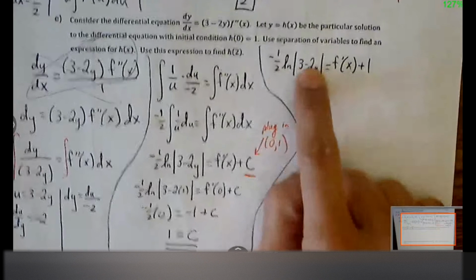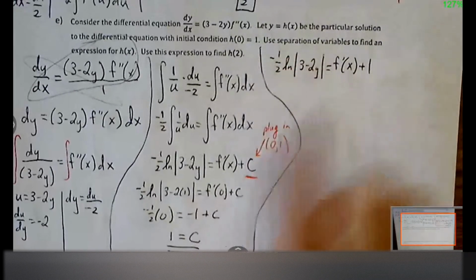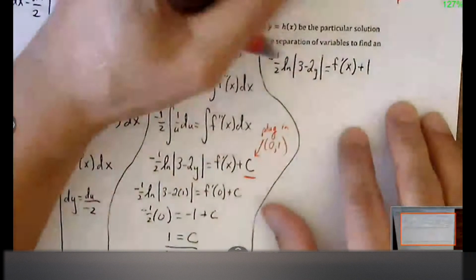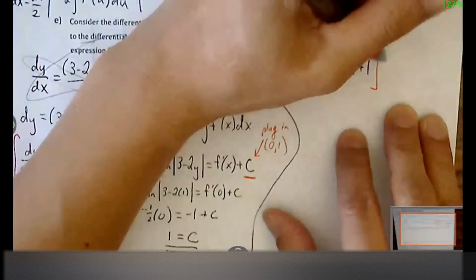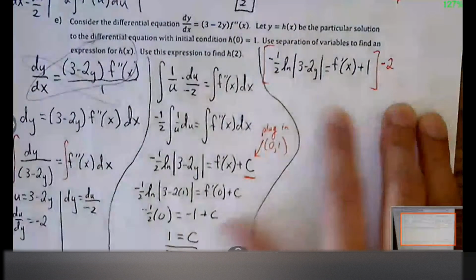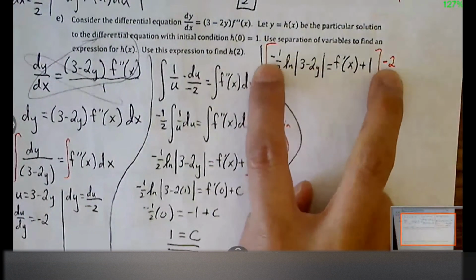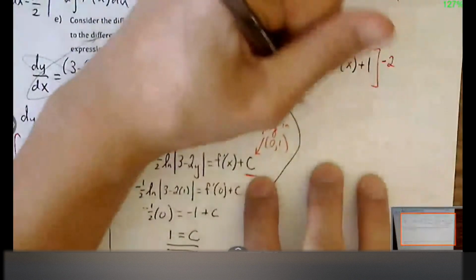All right, so a couple of things here. I'm going to multiply everything through by -2 to get that -1/2 to go over. That way I can get this left side to clean up nicely. So -2 times -1/2 would just be 1.